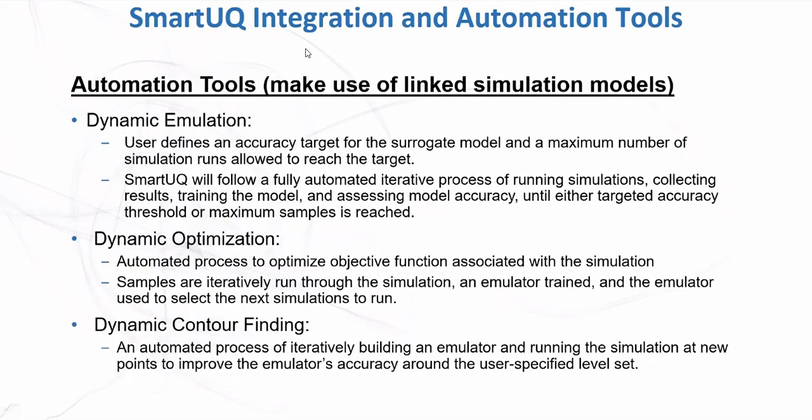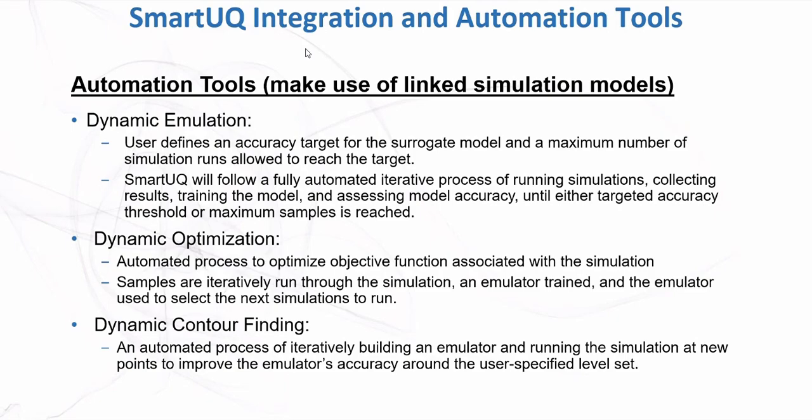If you have created one of those links to a simulation tool or to the data collection process in SmartUQ, you do unlock a few additional features. So one of those is dynamic emulation. So this is basically a more fully automated process of training your models, where you just give SmartUQ a target accuracy for the model prediction, and a maximum amount of data you're willing to collect to achieve that target accuracy.